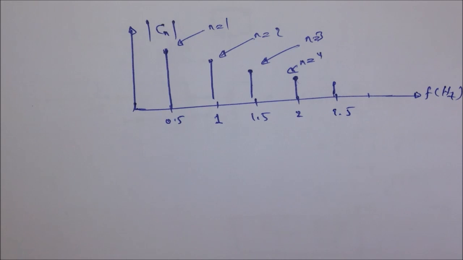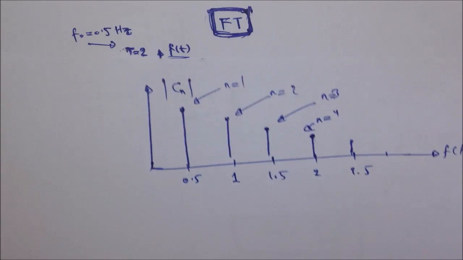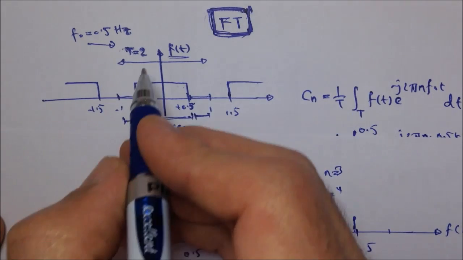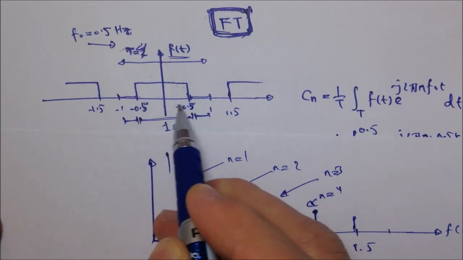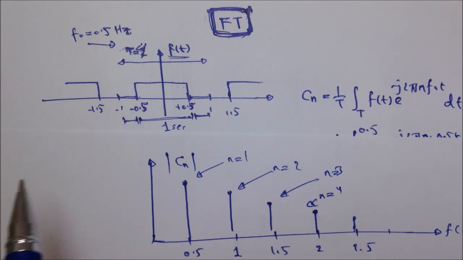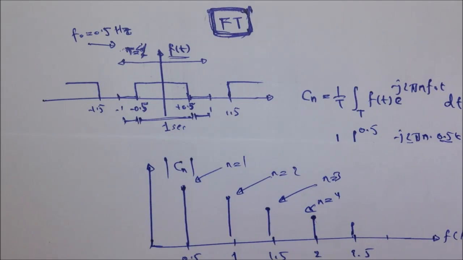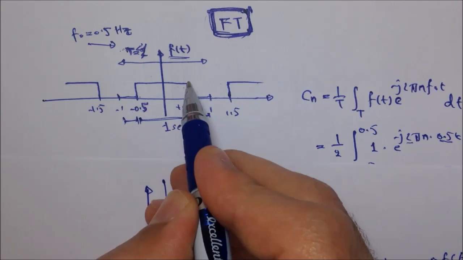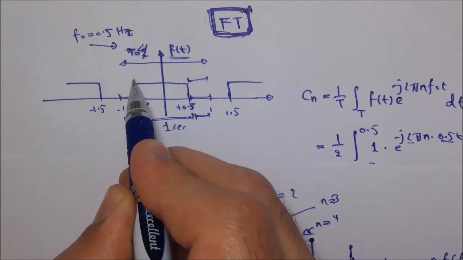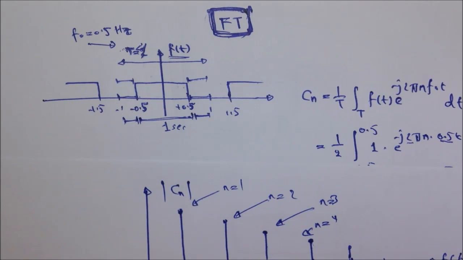So what's going to happen if the period of the signal is 4 seconds instead of 2 seconds? So let's make this 4 seconds. Now the shape and dimensions of this pulse are going to be kept constant. So it still starts from -0.5 and ends at t equals +0.5. Only the duration of these zeros is going to be extended such that the period is 4 seconds instead of 2.